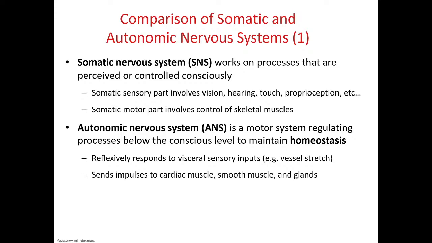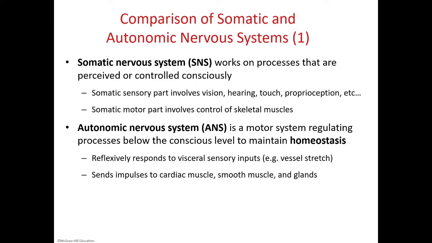We have stretch detectors in, for instance, the aorta, the carotid bodies and the carotid sinus, which detect the level of stretch in the blood vessel, which tells us about blood pressure. The higher the blood pressure, the more the vessel is stretched. And then it sends impulses to cardiac muscle, smooth muscle, and glands to get an effect.